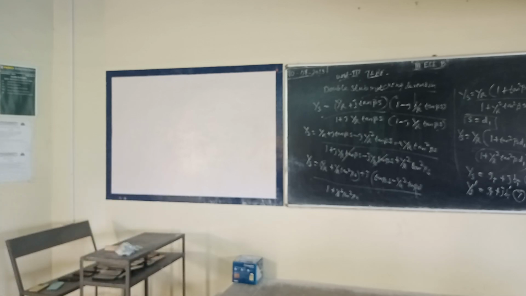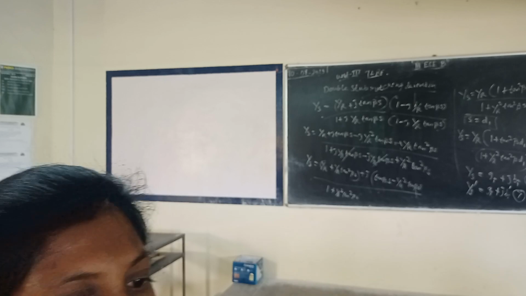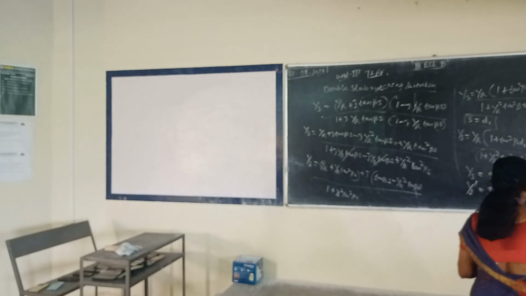Bi dash is nothing but Bi, the susceptance at that point, plus B1. This Bi only, Bi dash.